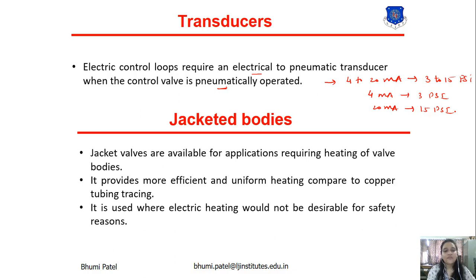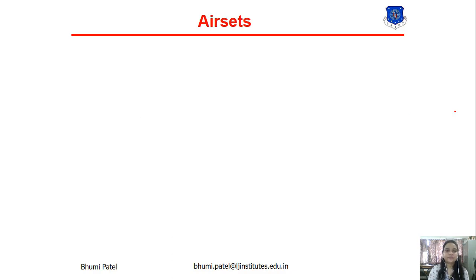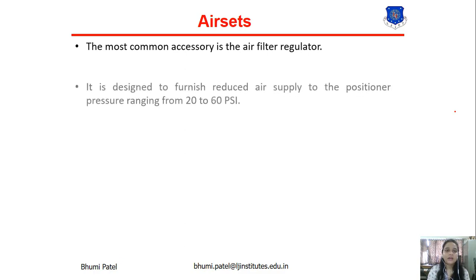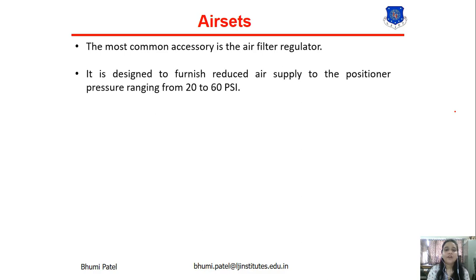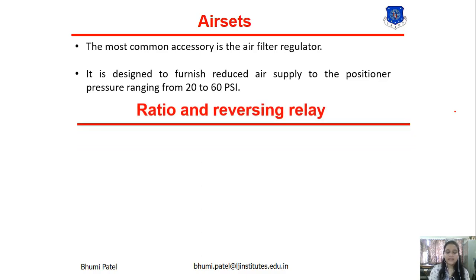It is used where electric heating would not be desirable for safety reasons. Now the air set. What is the air set? The most common accessory is the air filter regulator. It is designed to furnish reduced air supply to the positioner, with pressure ranging from 20 to 60 psi.